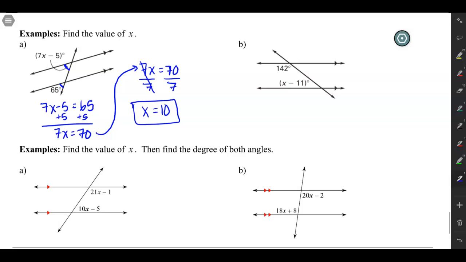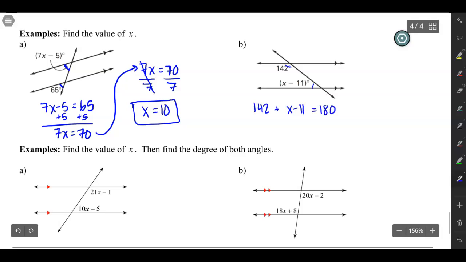Okay. All right, let's look at B. So B is similar. We are looking at two angles that are both interior angles, and they're on the same side of the transversal. So they're same side interior angles, which means that they are supplementary. So if I were to add these two angles up, I should get 180 degrees.